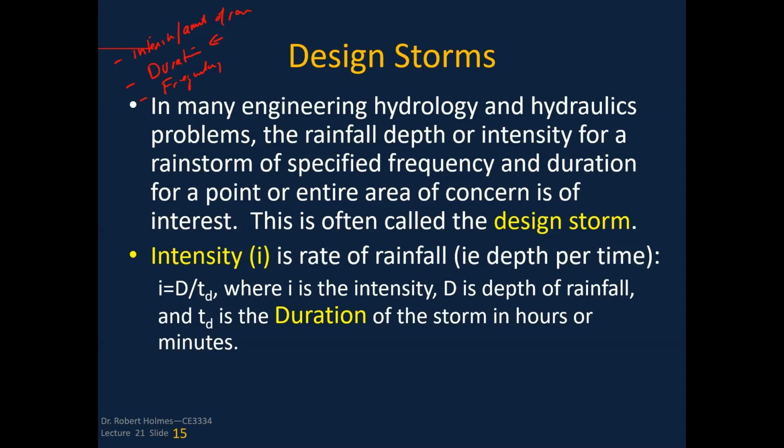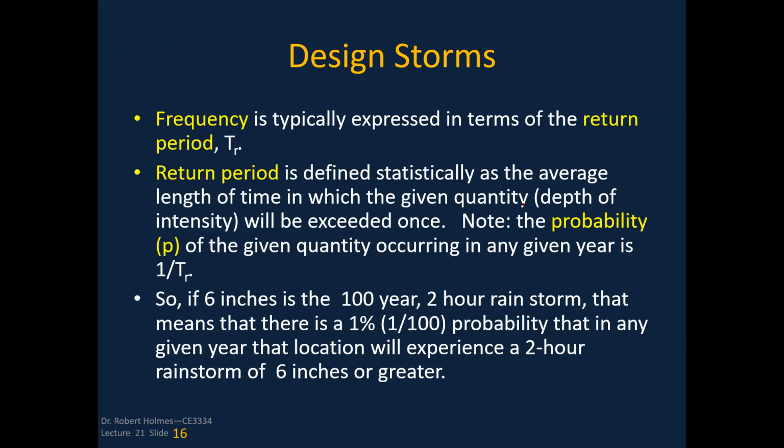And that's where we get into things like the 1% annual exceedance probability, which is also known as the 100-year rainstorm, the 2% annual exceedance probability, also known as the 50-year, the 10%, which is also known as the 10-year, and there's the 0.2%, which is also known as the 500-year. Those all have to do with the frequency of occurrence of this design storm.